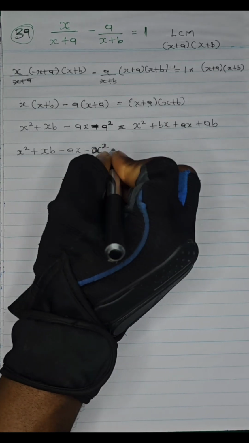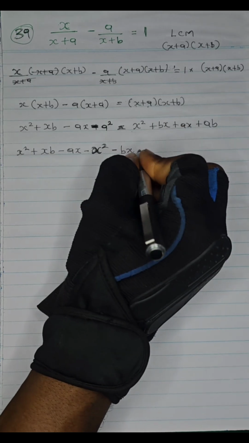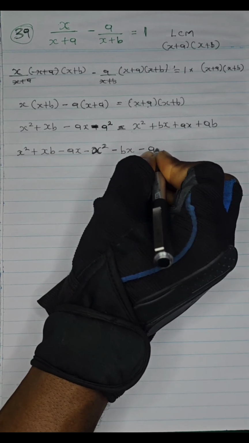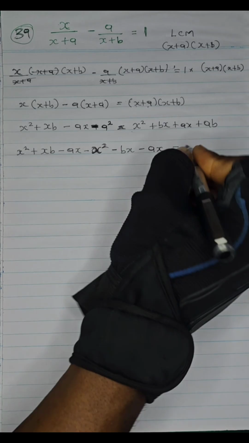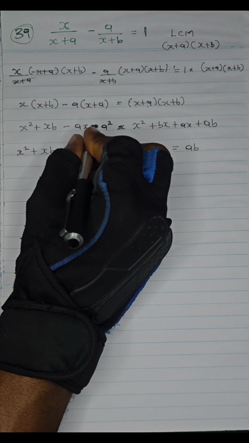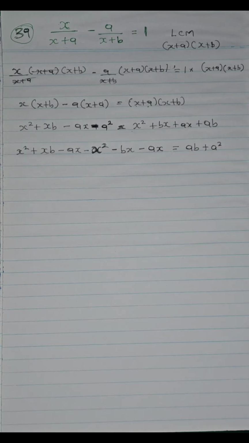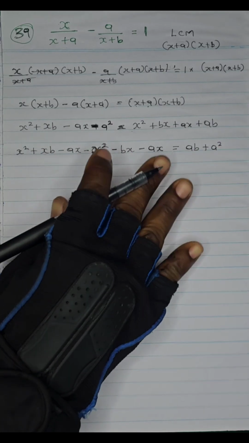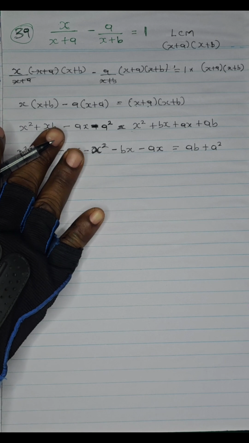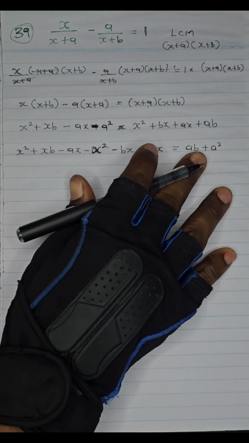When plus bx crosses the equation, it becomes minus bx. When plus ax crosses the equation, it becomes minus ax. This is equal to ab. This is minus here, right? When you cross the equation, it becomes plus a squared. So I've succeeded in moving all the terms that have x to the left hand side, while the ones that don't have x to the right hand side.